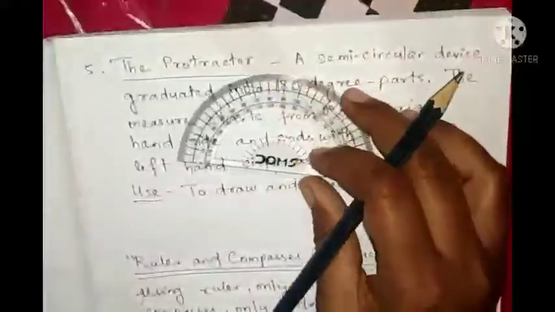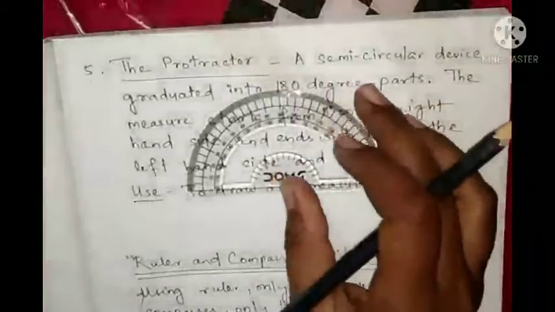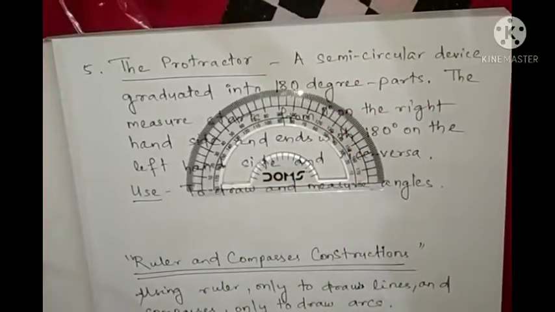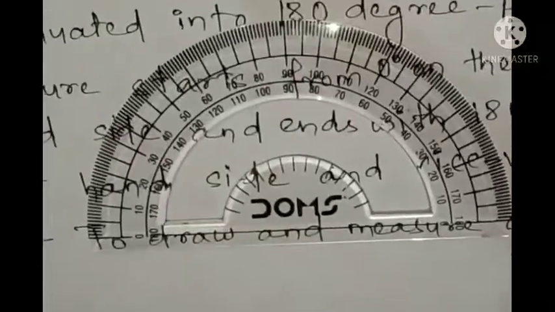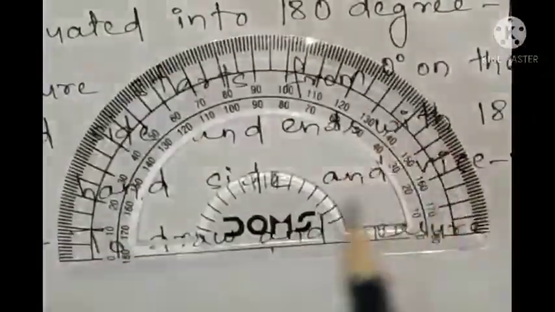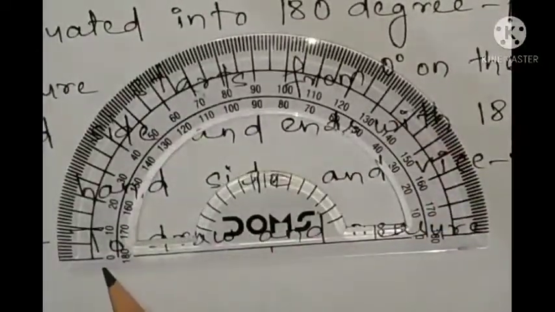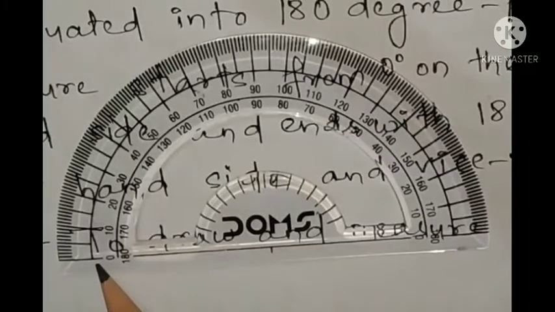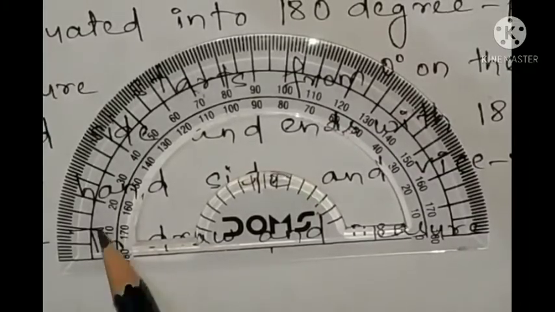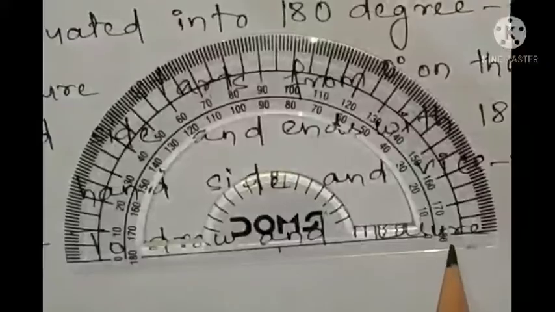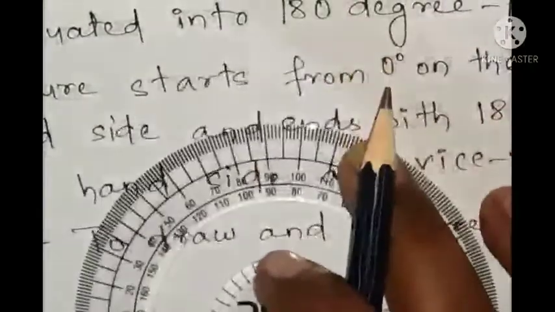So this is, look here, this is our protractor. If I zoom it, you can see here from the left side it is starting from 0, then it is ending at the right side with 180 degree. Okay, I'll show it on the white page so you can easily see it.